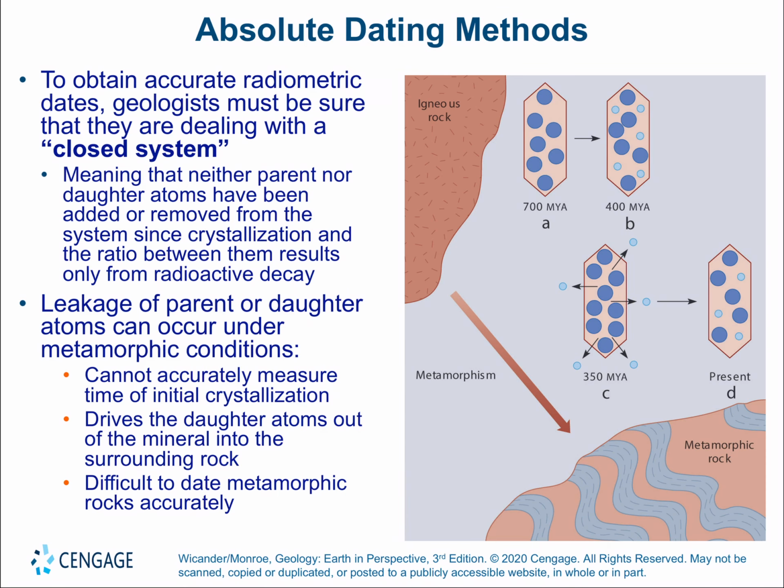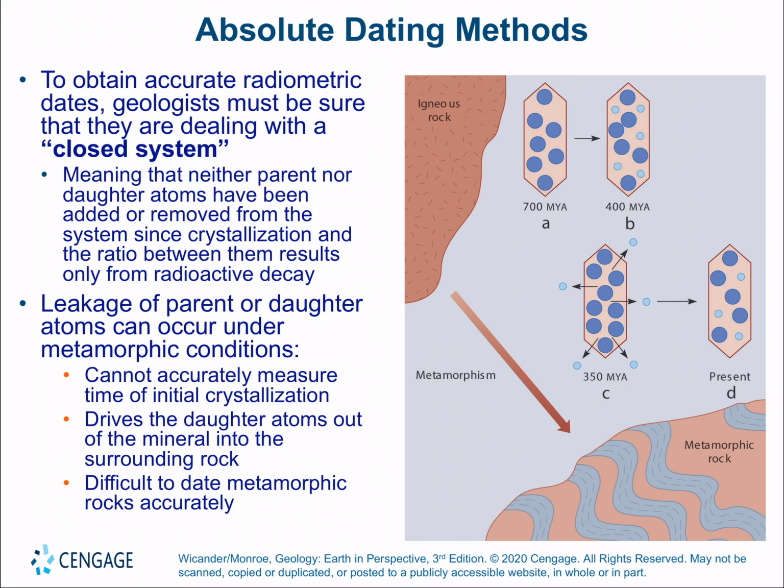Now, to obtain accurate radiometric dates, we have to be sure that we're dealing with a closed system. And by that I mean that neither the parent nor the daughter atoms have been added or removed from the system since crystallization. So the ratio between them results only from radioactive decay.